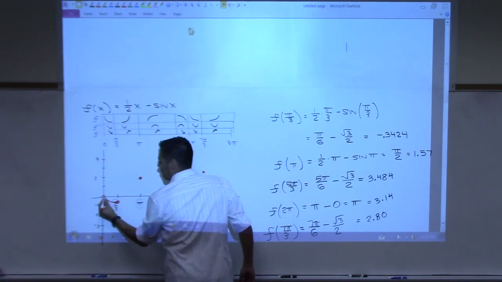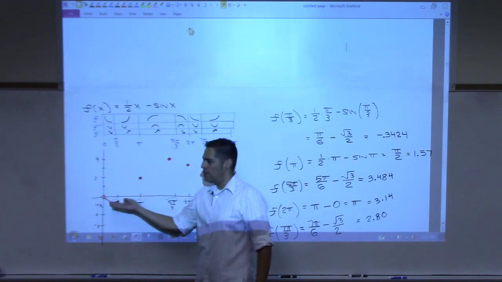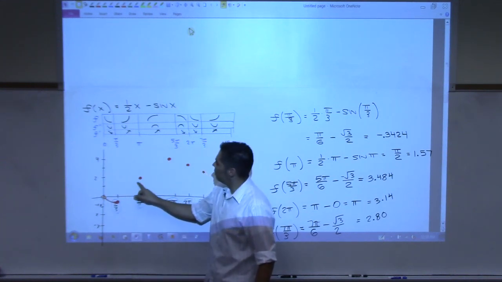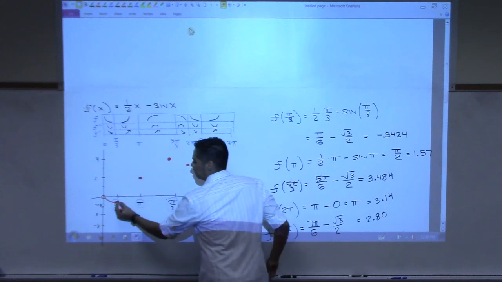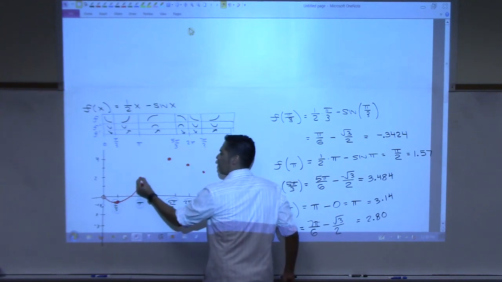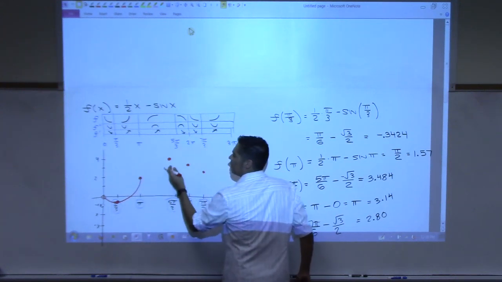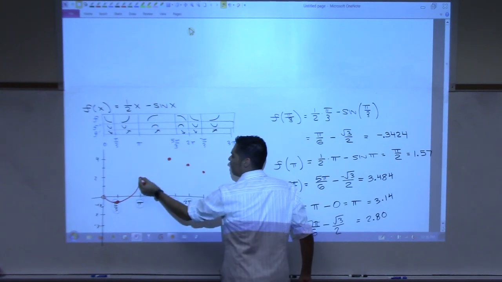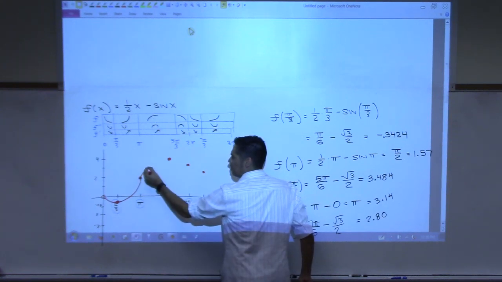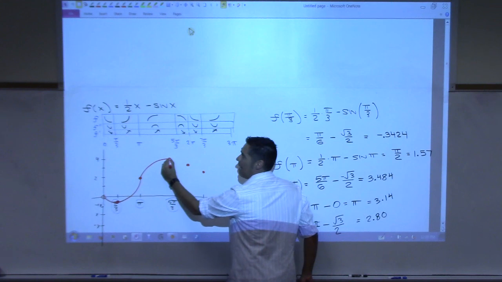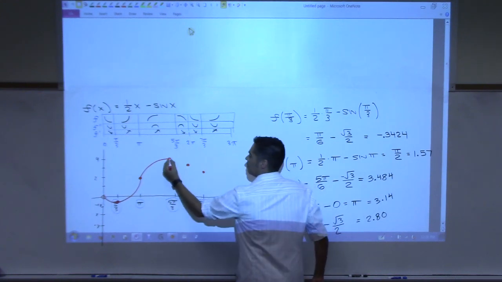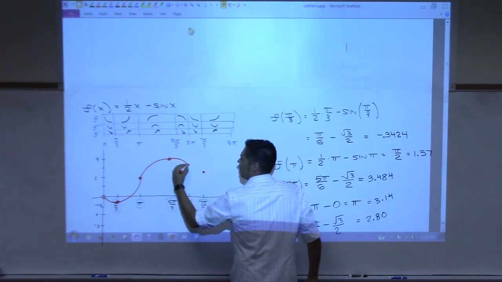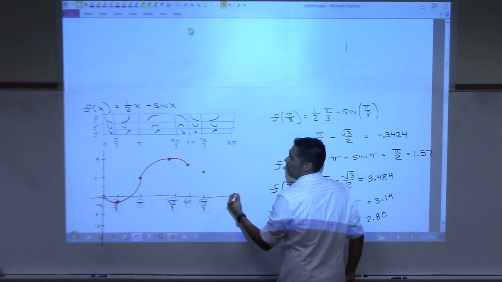Do y'all see that? My little left side of my smile. Then from here to here, right side of the smile. And then from here to here, left side of the frown, inflection point there, right? That's an inflection. I'm coming up to a local maximum. Coming down to another inflection, right?